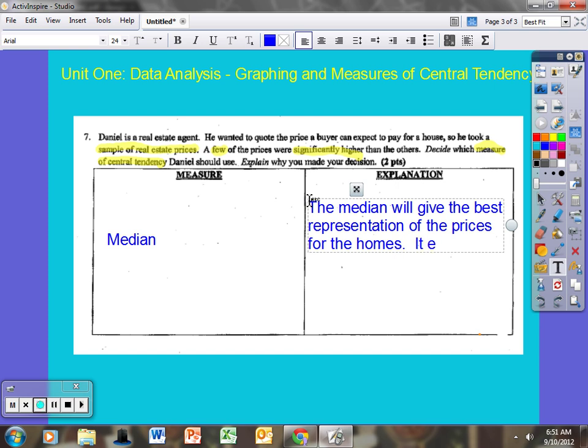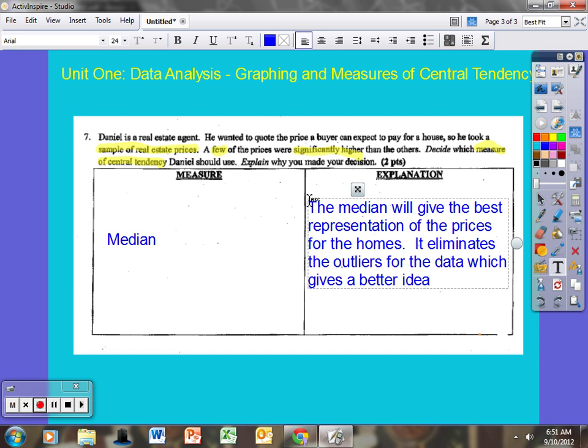It eliminates, as I can't type, the outliers for the data, which gives a better idea, or we should say better representation for the prices of the homes.